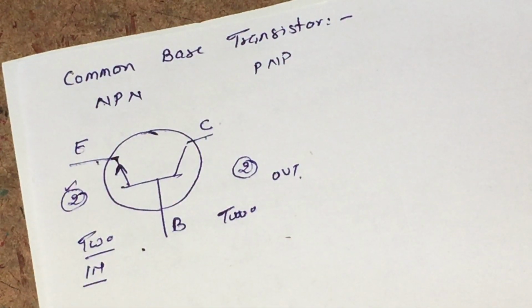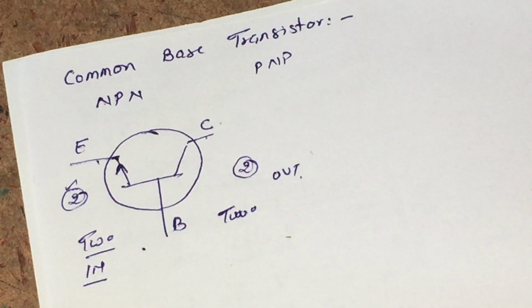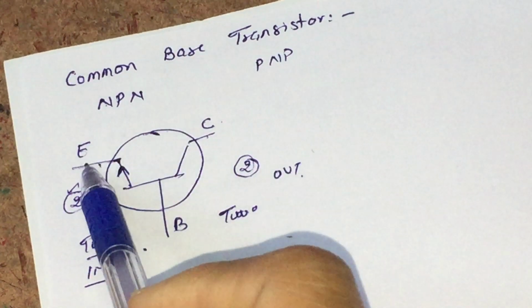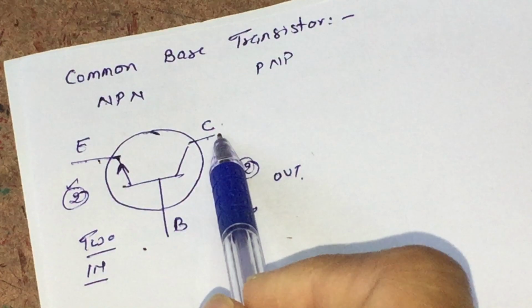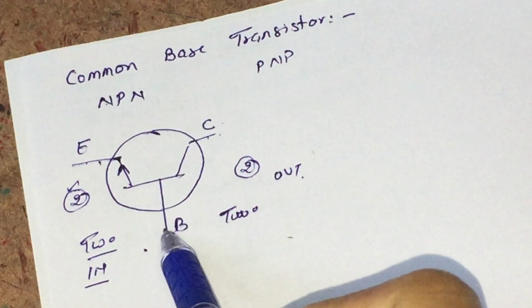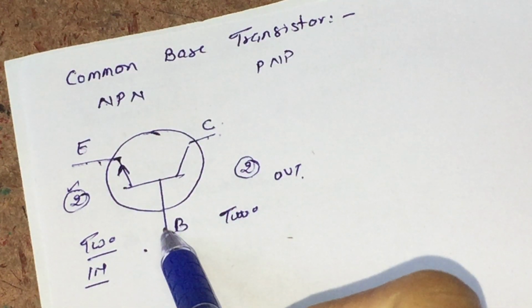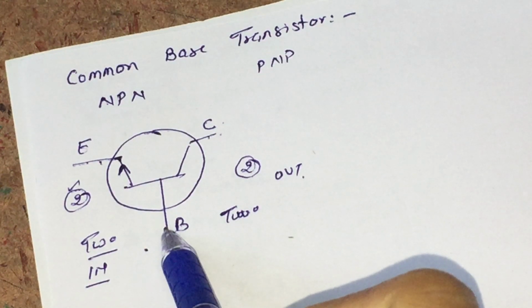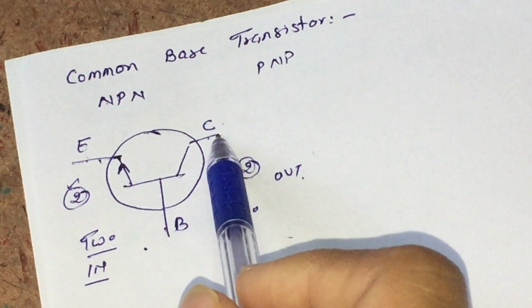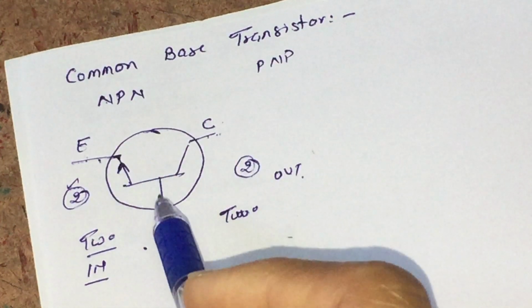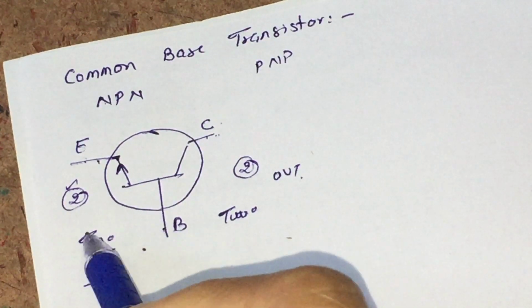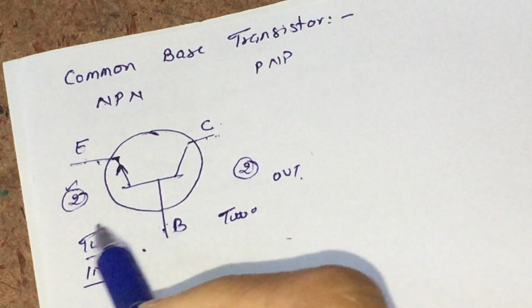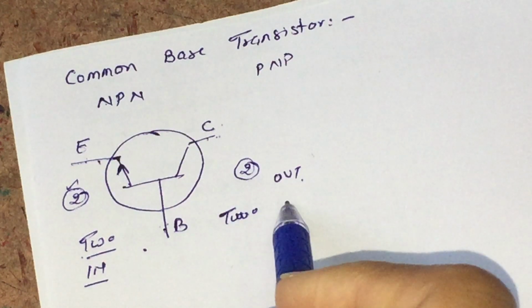To make this biasing possible, out of these three terminals, we take one terminal as a common terminal every time. It will be in the input side as well as in the output side.